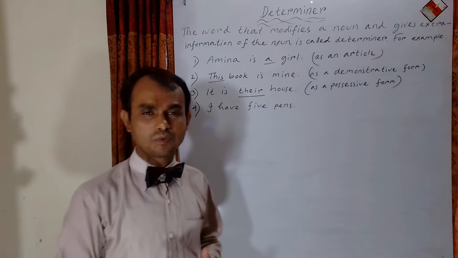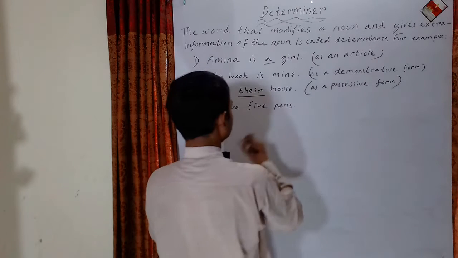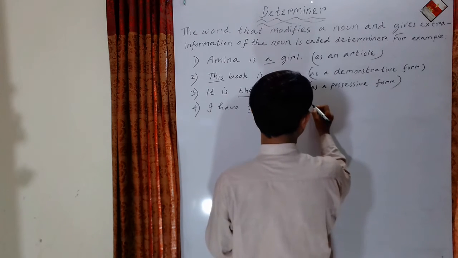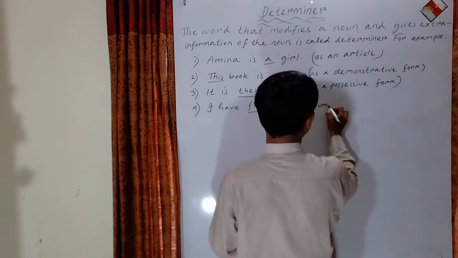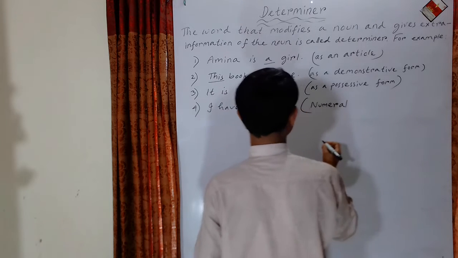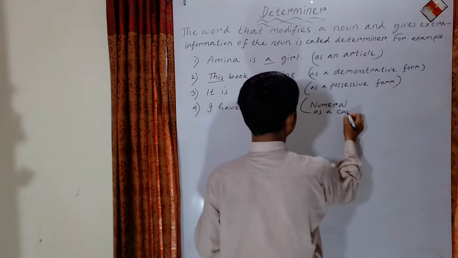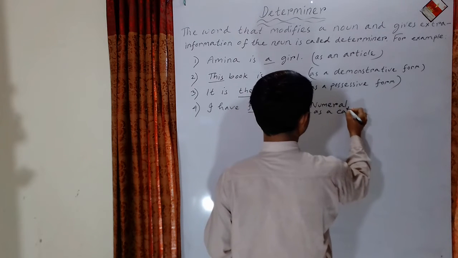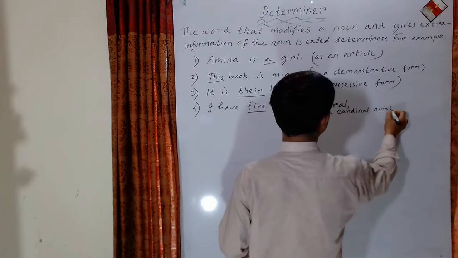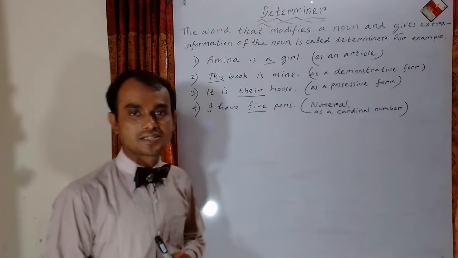For this reason, the cardinal number 5 is a determiner in this sentence. As a cardinal number, this is a determiner.